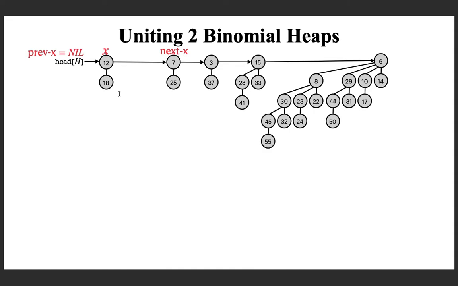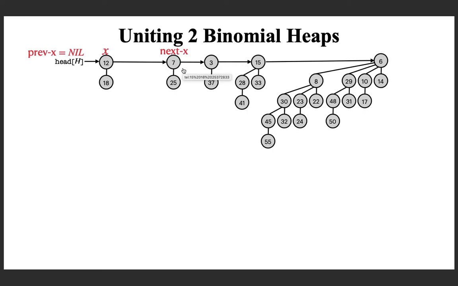If you recall from our running example, here we have 3 binomial trees of the same degree 1, and we know that in this case we have to combine the second and third binomial trees, not the first and second. According to the properties of binomial trees, in the uniting process, 3 is the maximum number of binomial trees that you may have with the same degree.